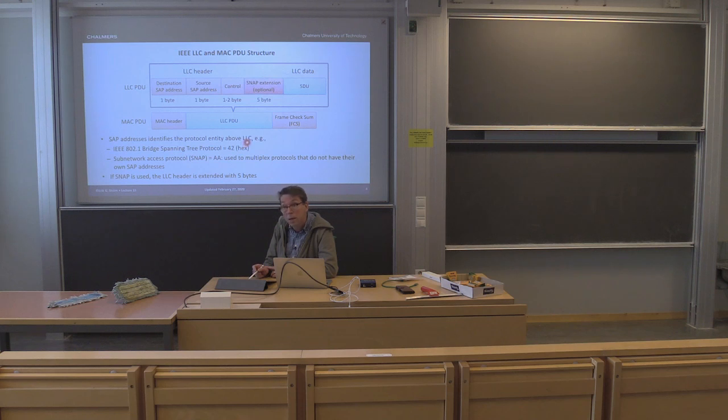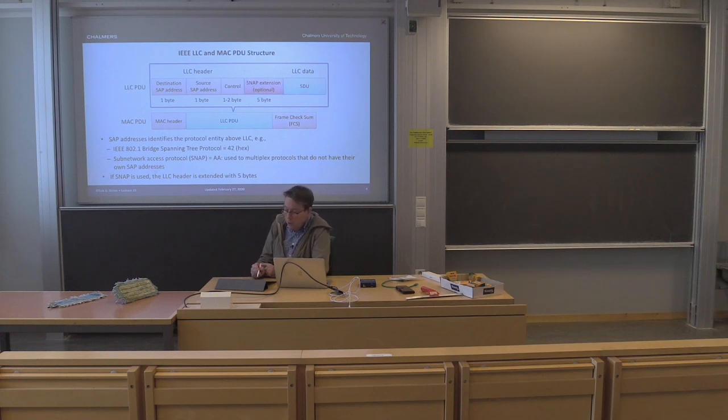And that could be many. One protocol is the bridge spanning tree protocol that we will talk about at the end of this lecture. And another one could be the subnetwork access protocol, or SNAP. Okay, and that is used then to multiplex protocols that don't have their own SAP addresses.